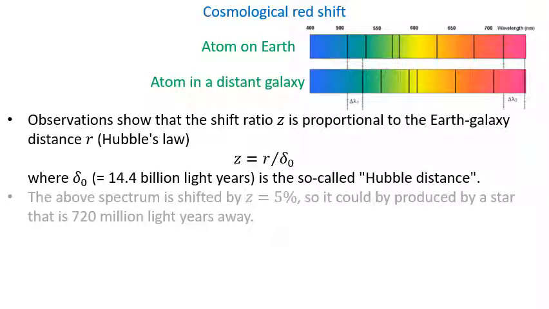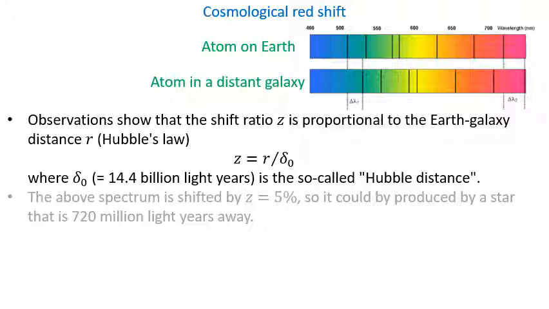Multiple observations established the so-called Hubble's law, which is the centerpiece of modern cosmology. This law says that the redshift factor z is proportional to the distance from the Earth to the light source.